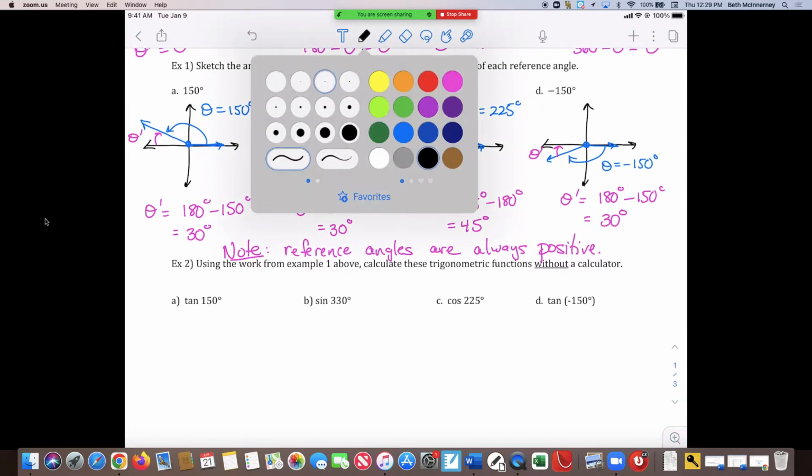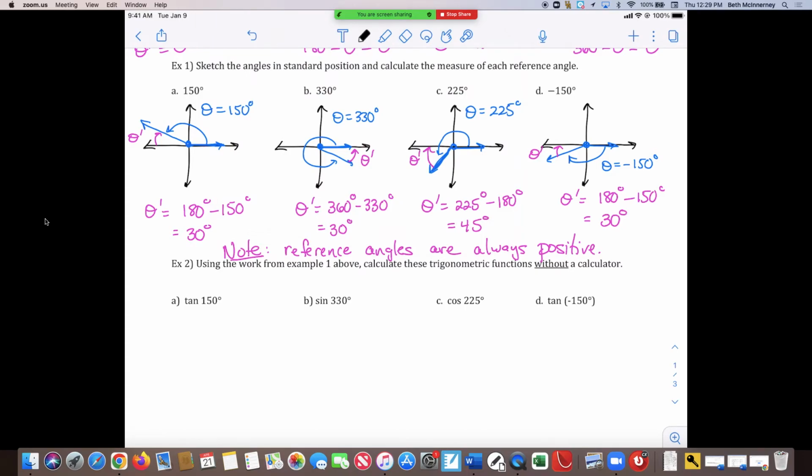So watch what I'm going to do. I'm going to take this angle, and you understand that the reference angle was 30 degrees. So what I'm doing is I'm going to drop a perpendicular and create a special right triangle.